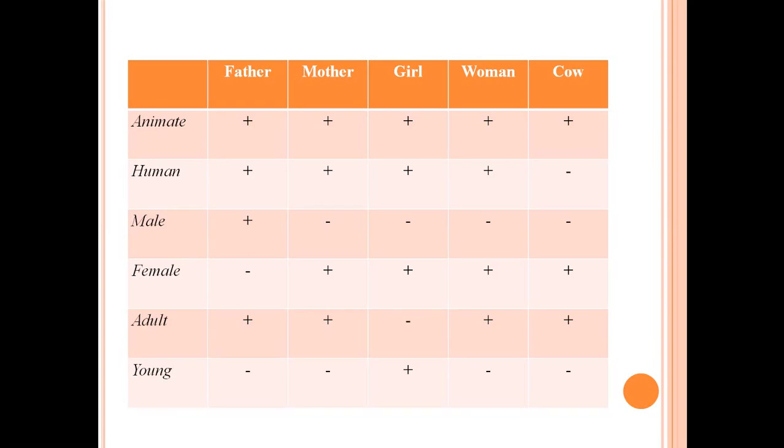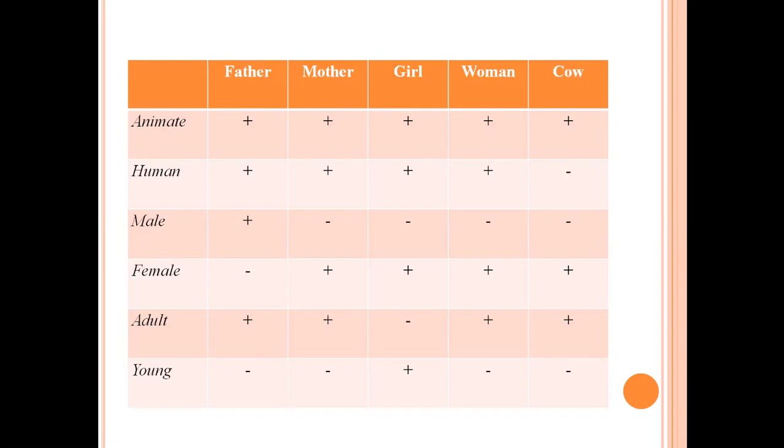Now look at the second property, human. And now we will look at whether these words have this property or not. Father, certainly human being. This word is used to refer to a human being. So father plus, mother plus, girl plus, woman plus. But look at cow.